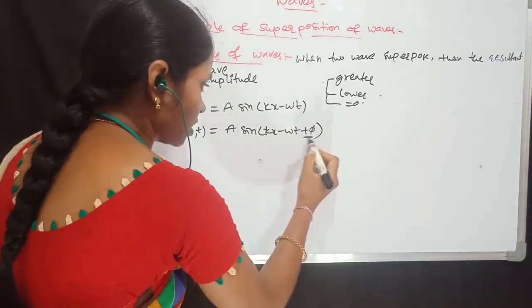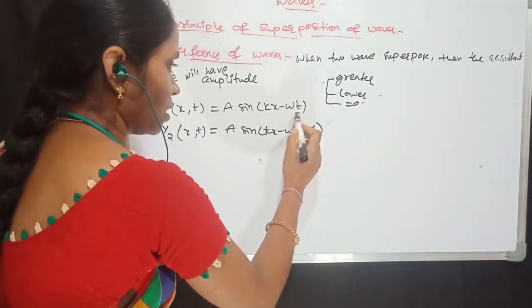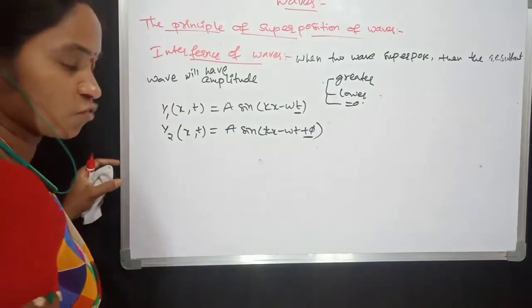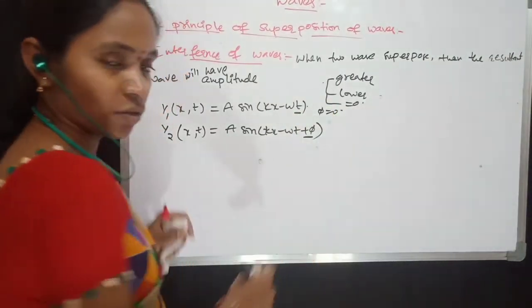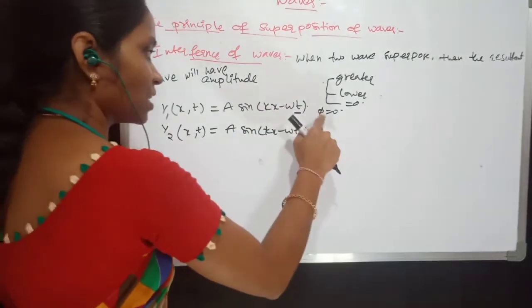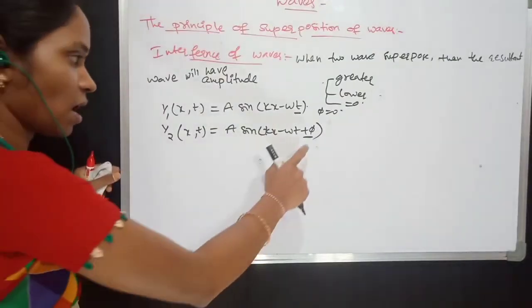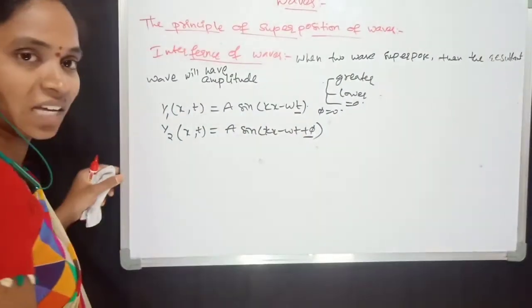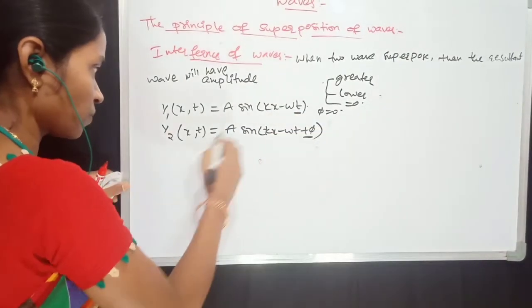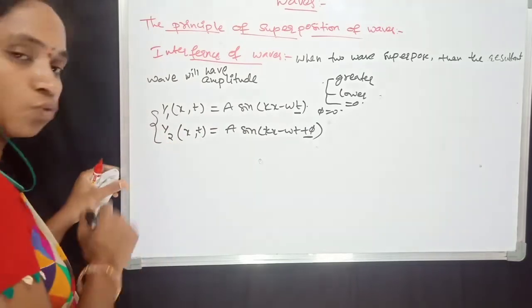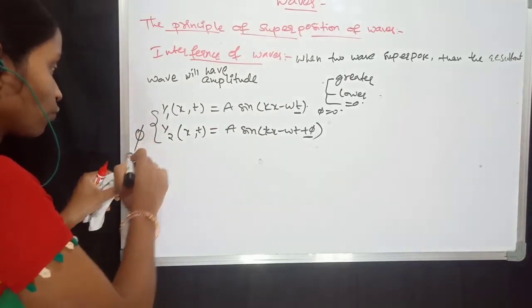Why have I taken phi here and not there? Because here the initial phase angle is equal to 0, and the initial phase angle here is phi. The phase difference between the two waves is equal to phi.